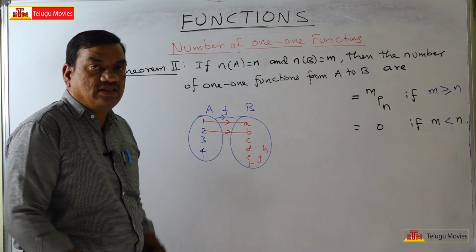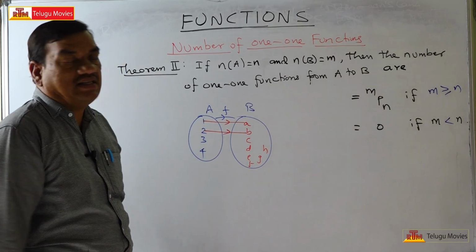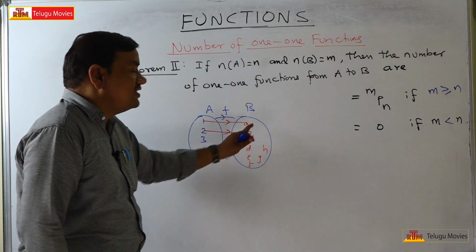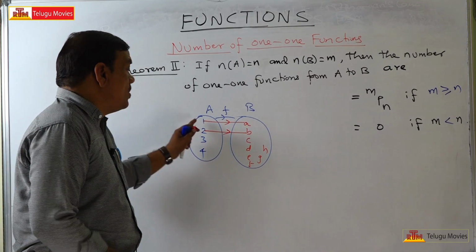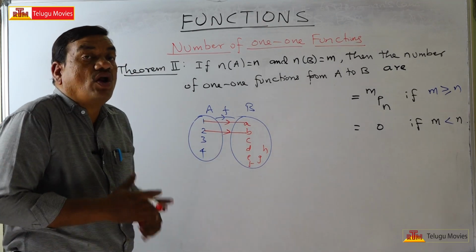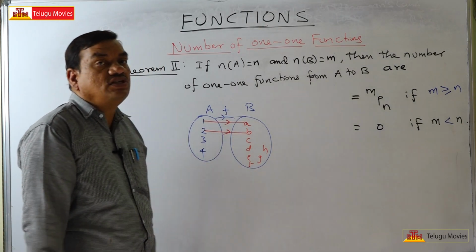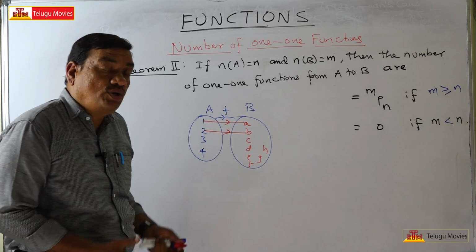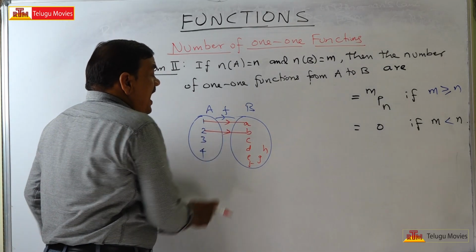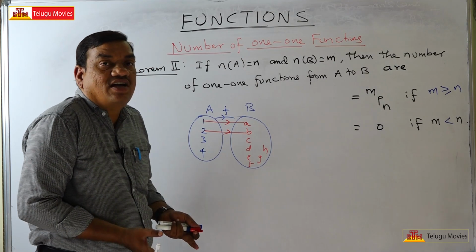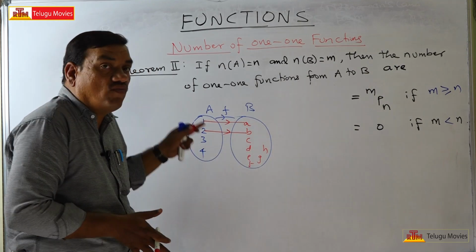Just like in a bus, one seat, one passenger. Here the passengers, here the seats. Already seat a is reserved by passenger 1. Therefore, how many seats remain? If there are n seats, n minus 1 seats remain for 2. That means for 1, we have 1, 2, 3, 4, 5, 6, 7, 8 chances. 8 seats are available for 1.